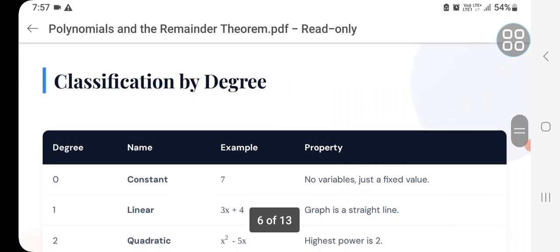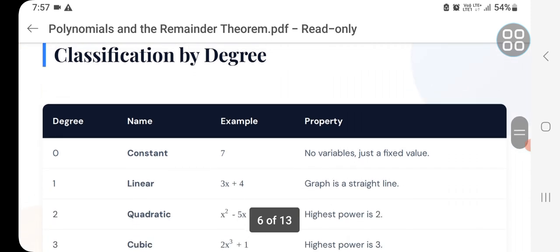Okay, now we are going to see about the polynomial classified depending upon the degree. Degree is nothing but the power. So we just have to know what is degree and power. Power is nothing but, I give one example for you, that is 3x power 2.